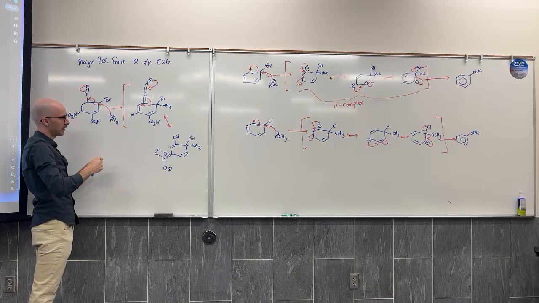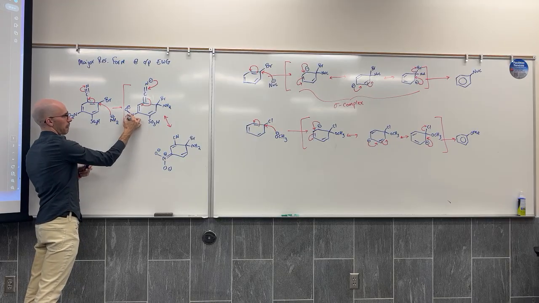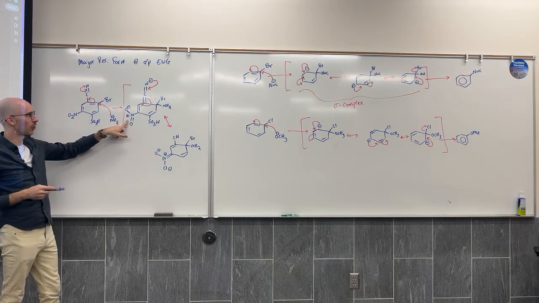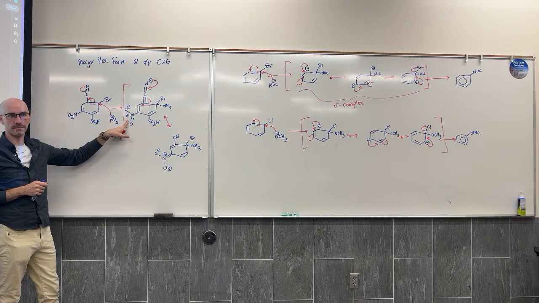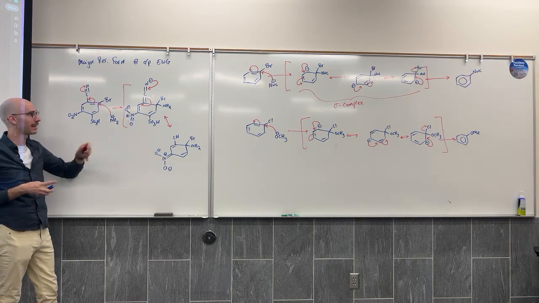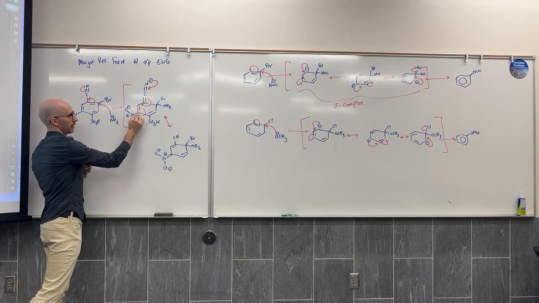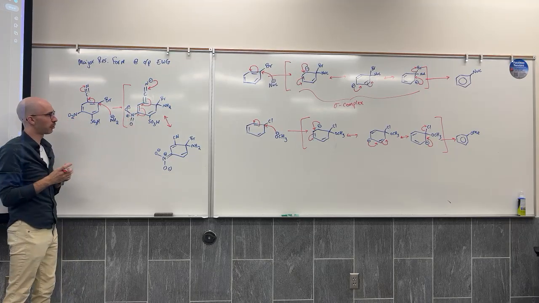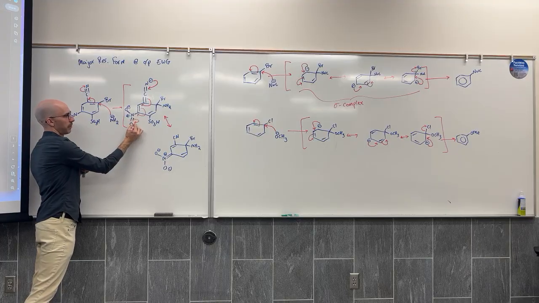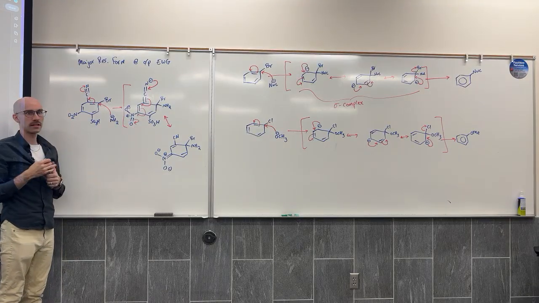I made a mistake, and I didn't draw out my nitro group. And I need to, because I need to show that NO double bond breaking. If I don't show the NO double bond, I can't show it breaking, and I need that bond to break. The pi bond in the ring gets pulled out to the nitrogen, and the pi bond of NO breaks to the oxygen.